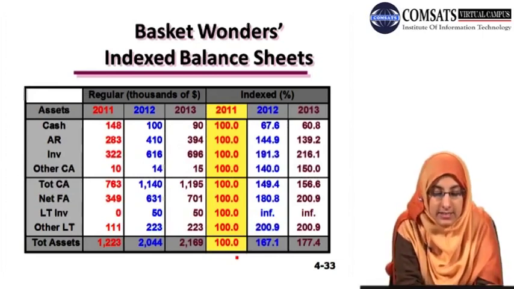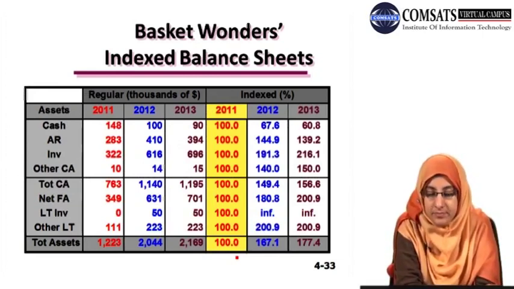अब देखते हैं हम लोगों ने किया कैसे. Now if you look at the example, you can find out that the base year we have is 2011 and we have certain other years, 2012 and 13.